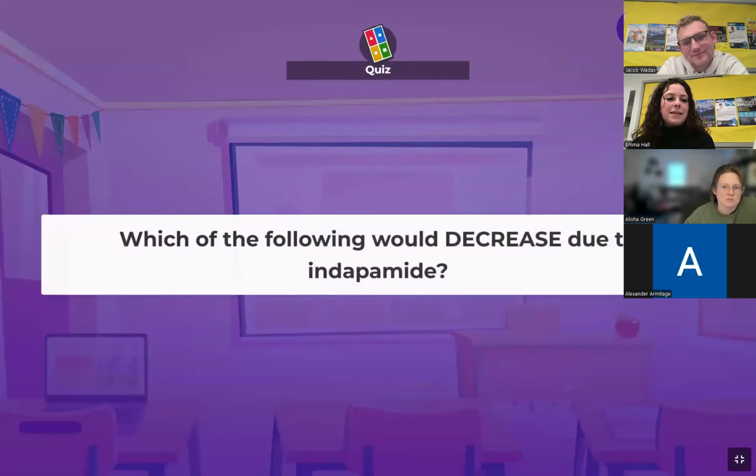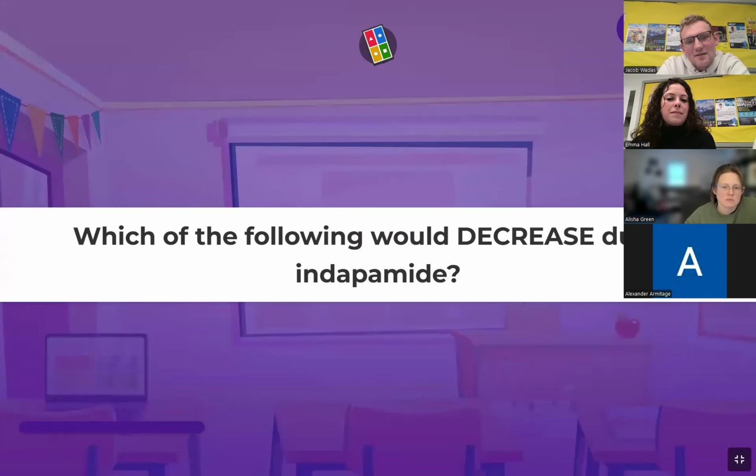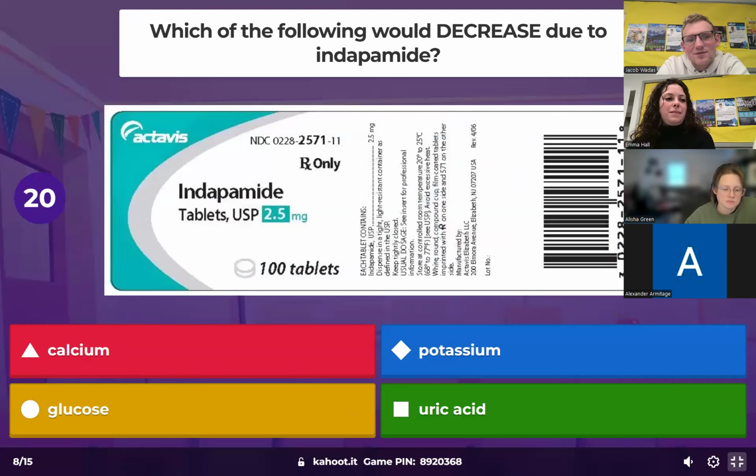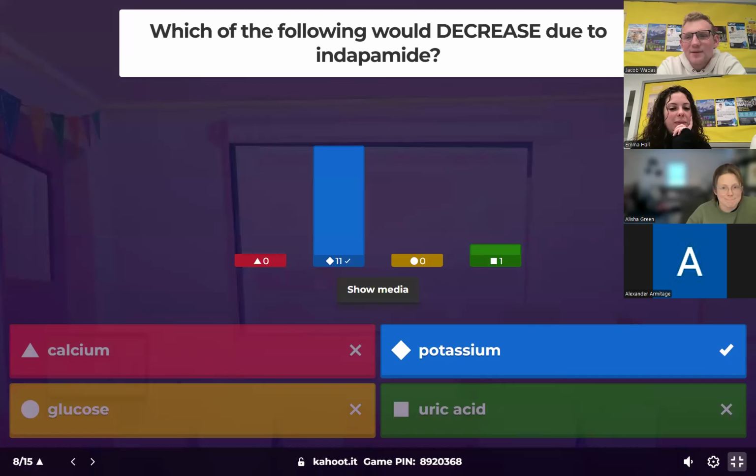All right. Which of the following would decrease due to indapamide? Very nice. Potassium. Good job. Killing it.